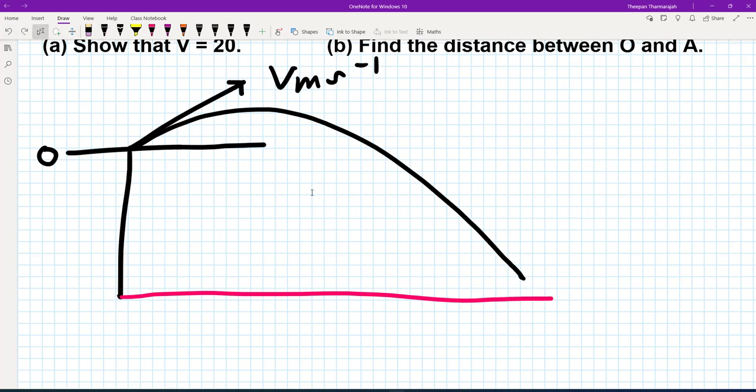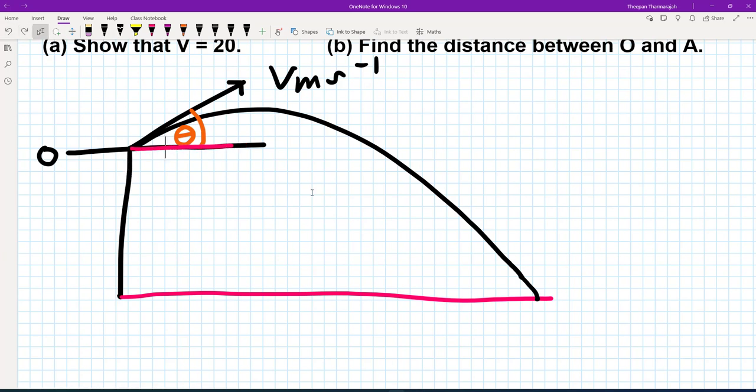Then what we ought to do is to draw in the angle. That's what we did in the previous video. So it's the angle theta, and then we're going to resolve the velocity into its horizontal and vertical components respectively.